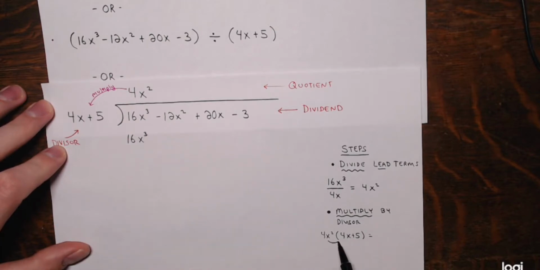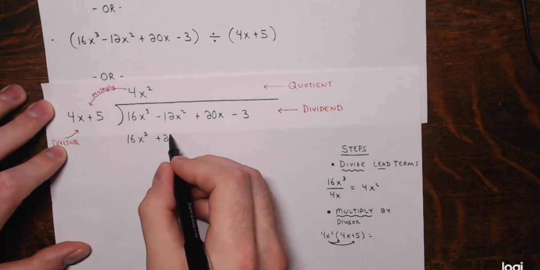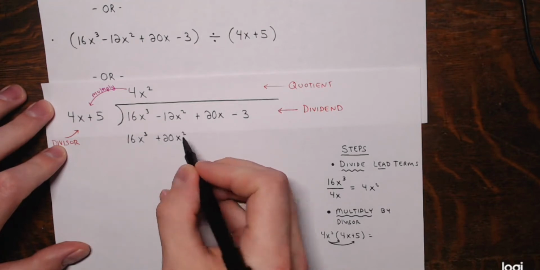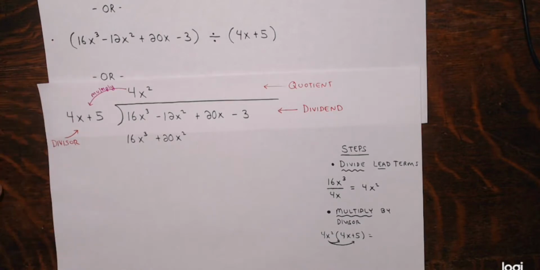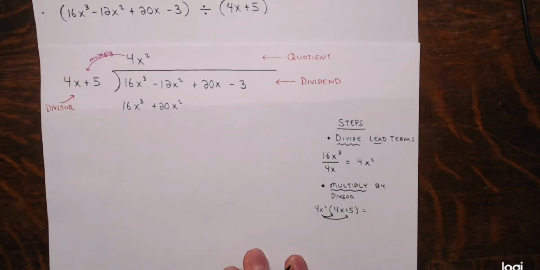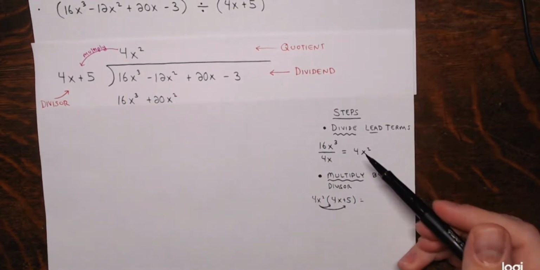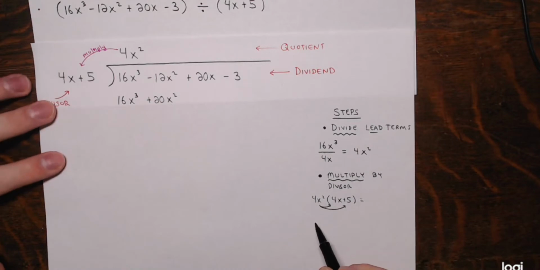And then 4x squared times 5 would be 20x squared, positive 20x squared. Okay, so next, and again, these are the same steps really when you did long division with numbers. You had a division, multiplication, then a subtraction step.